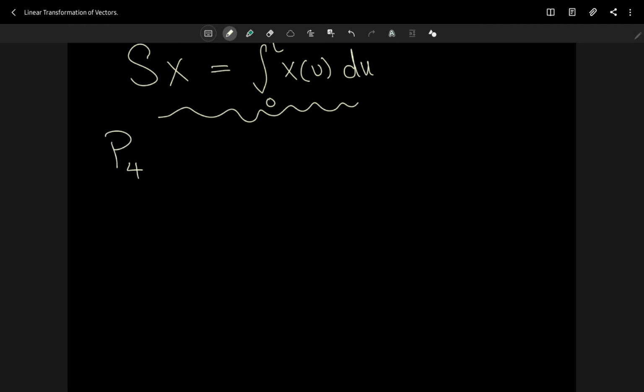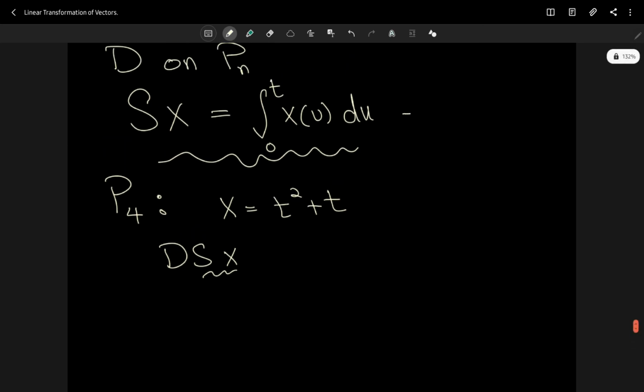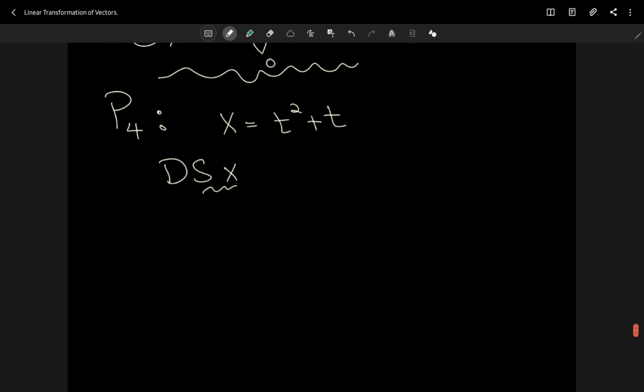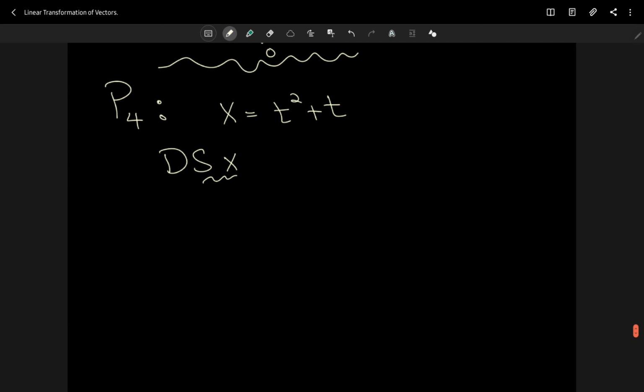And so, yeah, here let's write down a function x is equal to t squared plus t. Now if I were to do this thing, DSx, that is, first take the integral that is defined like this of x, and then take the derivative with respect to t of x.